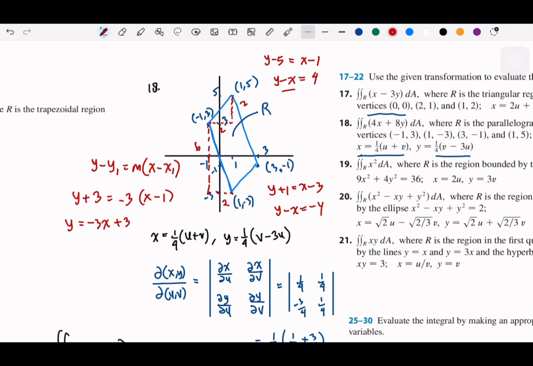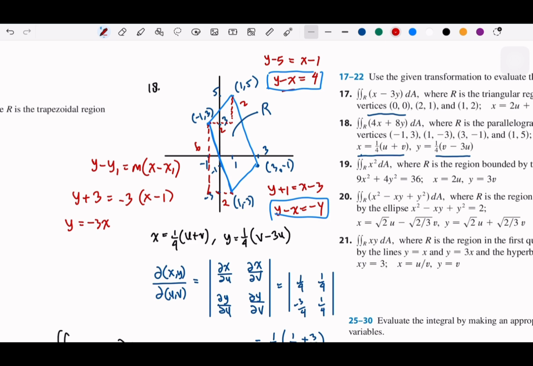Okay, so I will take this too. Is y equal to minus 3x plus 3? This one? Oh yeah, I forgot to get rid of this. It should be 0, right? Yeah.